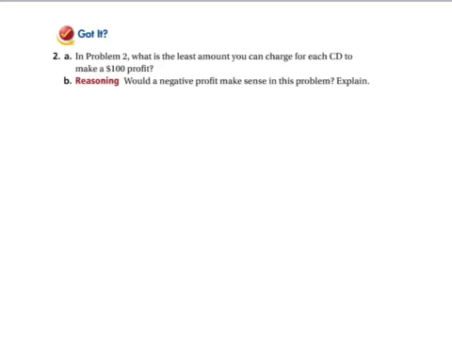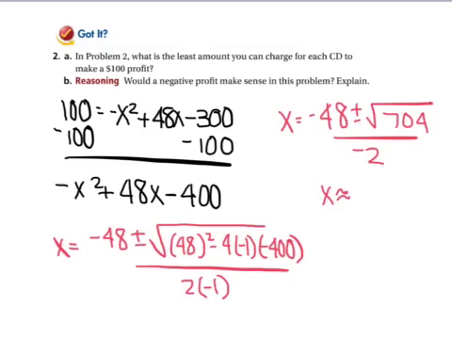So we have 100 equals negative x squared plus 48x minus 300. You get x is about 10.73 and x is about 37.27.